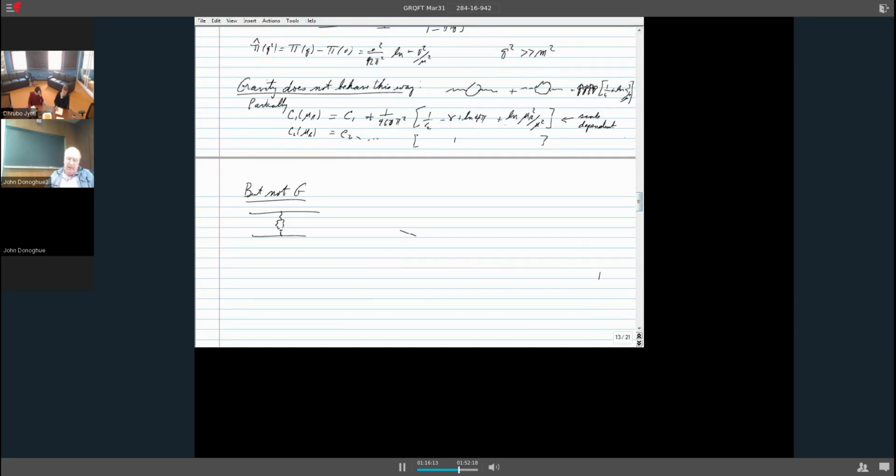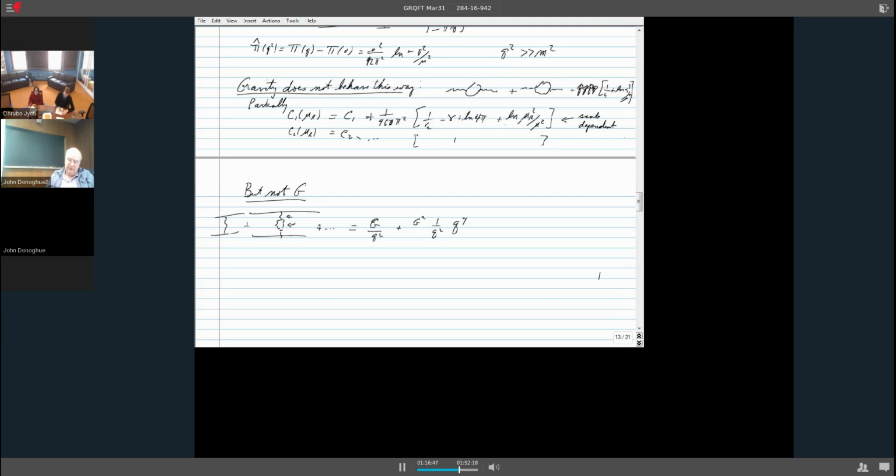And let me not bother with the C2, but it's 1 over 9, plus 1 over 960 pi squared times 1 over epsilon minus gamma plus log 4 pi plus log of the renormalization point squared over mu squared.